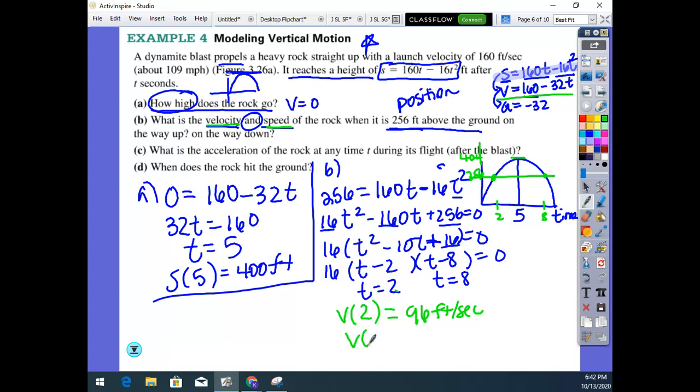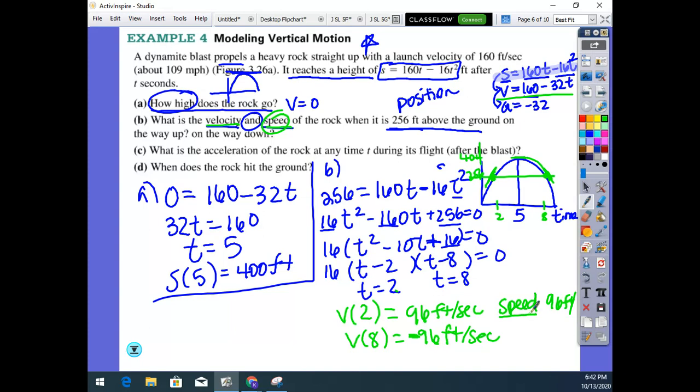Then when I plug in 8, I get negative 96 feet per second, which makes sense also because now I'm on my way down and it's the same velocity going up as it is going down. The negative shows direction. And speed is absolute value. So it's 96 feet per second, both on the way up and down.